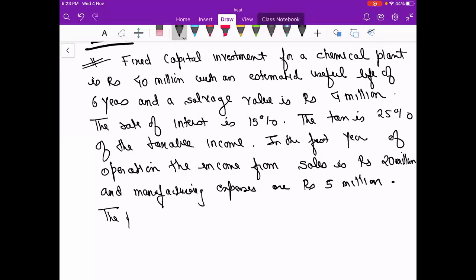The plant depreciates on a straight line basis.